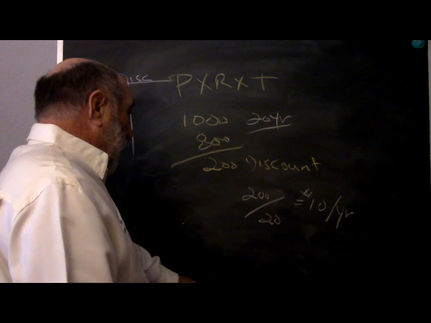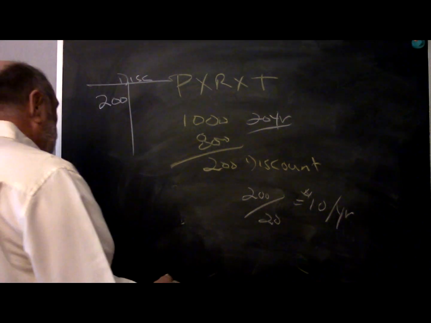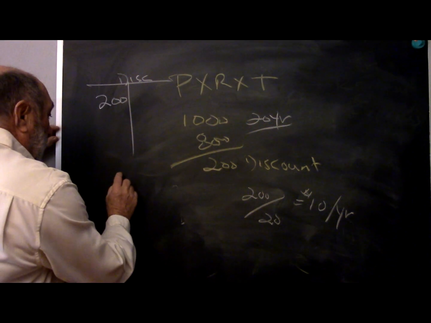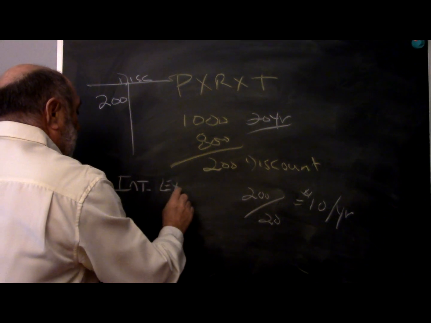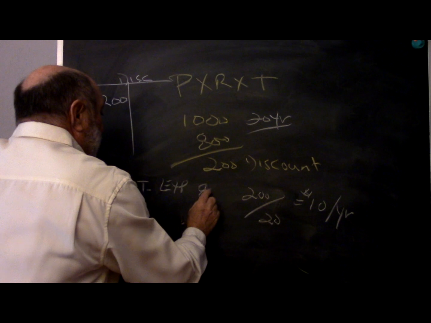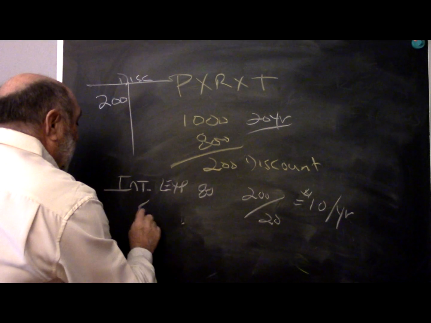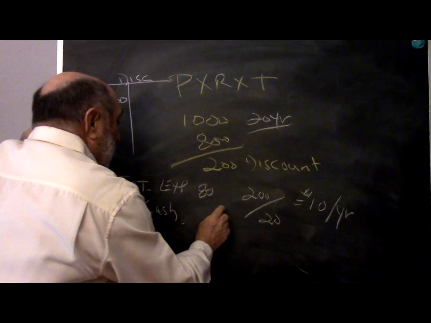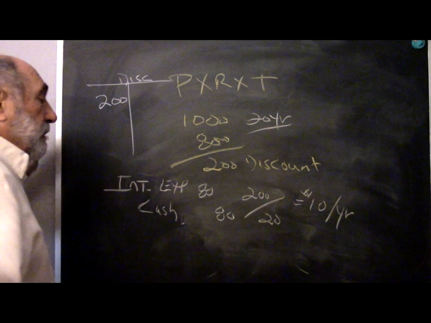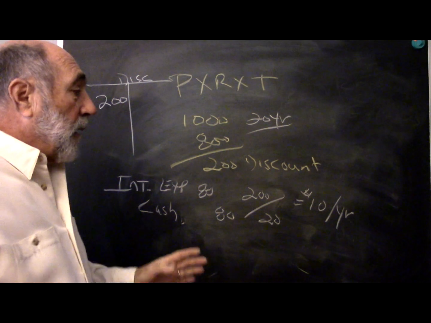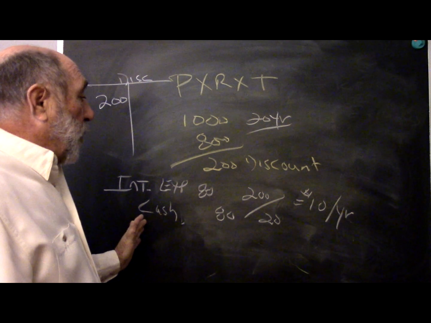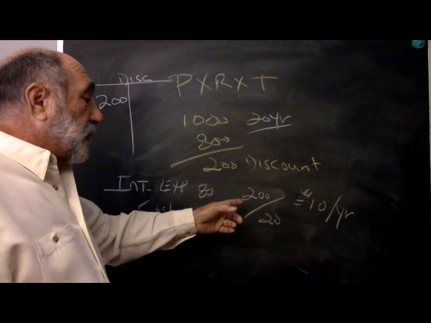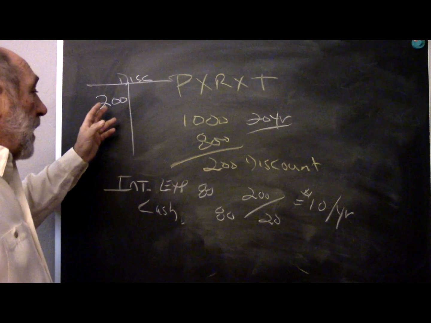So in the first year, I make my interest payment. I would debit interest expense $80, right? I would credit cash $80. Now, at this point, I need to amortize my discount.